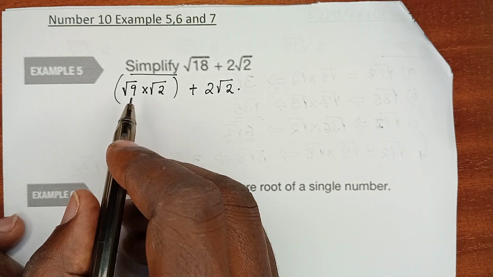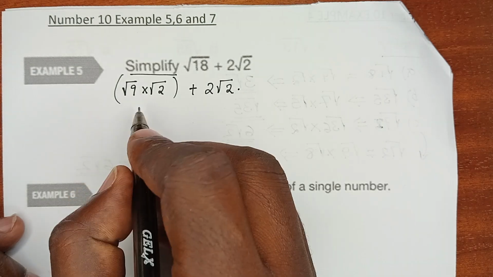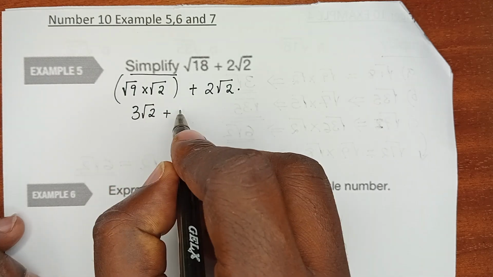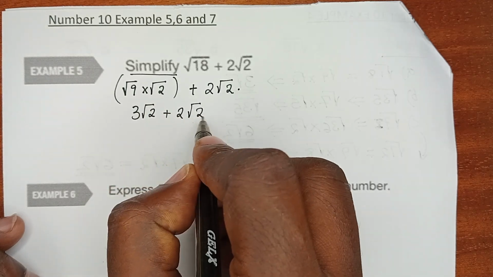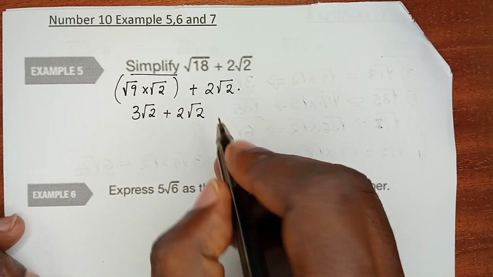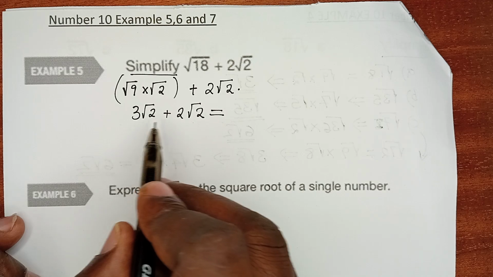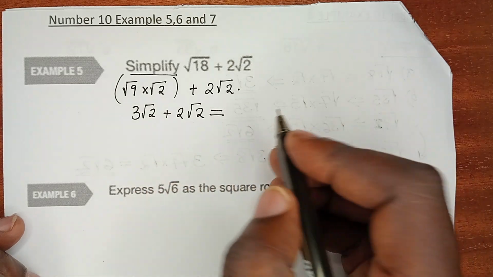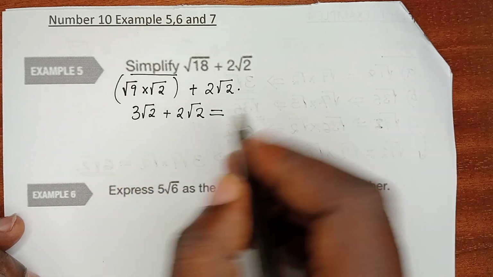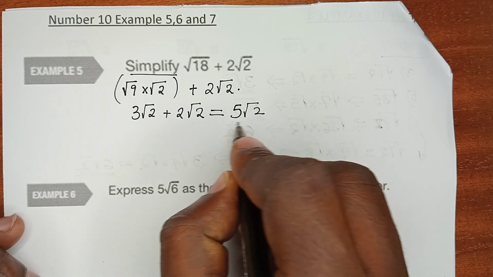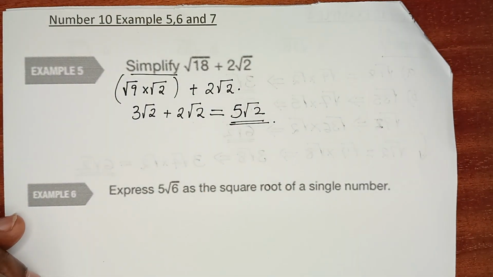The square root of 9 is 3. 3 times root 2 is 3 square root of 2 plus 2 square root of 2. At this point, we have 3 root 2 plus 2 root 2, which is 3 plus 2, which is 5 root 2. And that is the answer to that question.